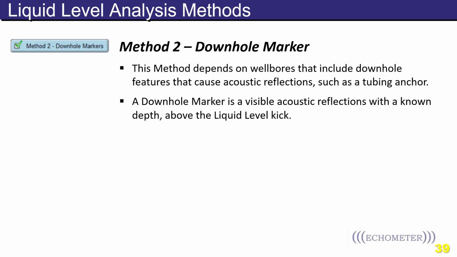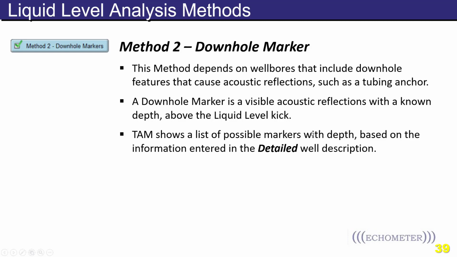And you may want to review the first Ask Echometer session on direction of kicks, where it's discussed in detail what an up kick or down kick means, how they are produced, and the different wellbore configurations that may create different kinds of kicks. But the software will rely on the wellbore information and these kicks above the liquid level to be used as a downhole marker.